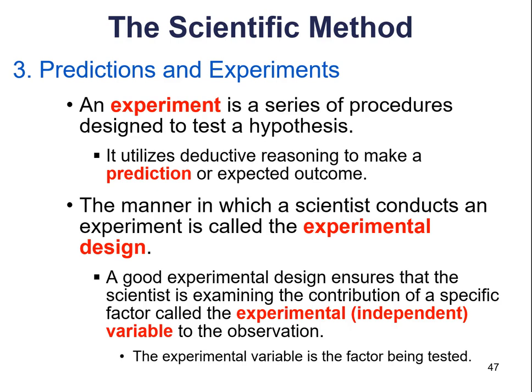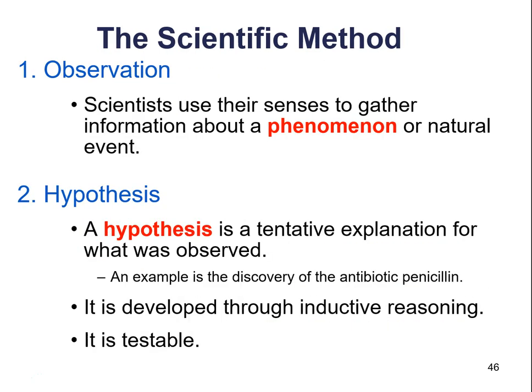You make a prediction and conduct an experiment in terms of your hypothesis. If we stick with our antibiotic theme, the hypothesis could be that the mold secreted a substance that kills bacteria.